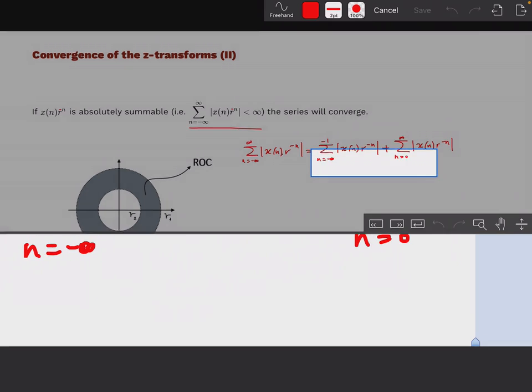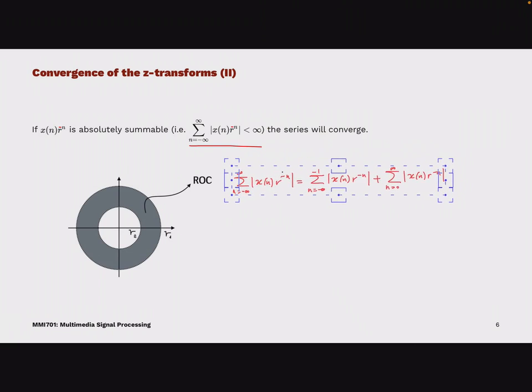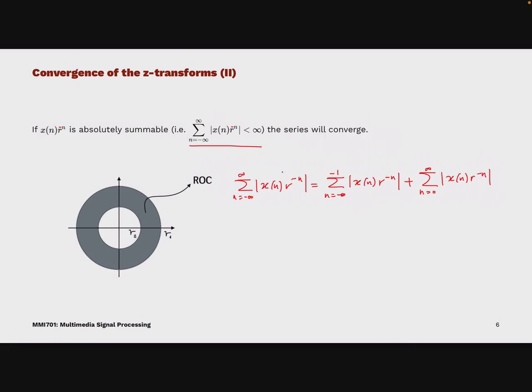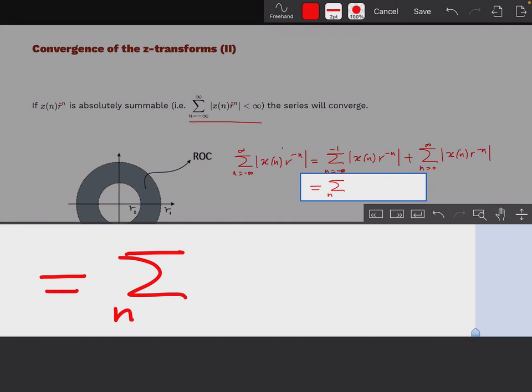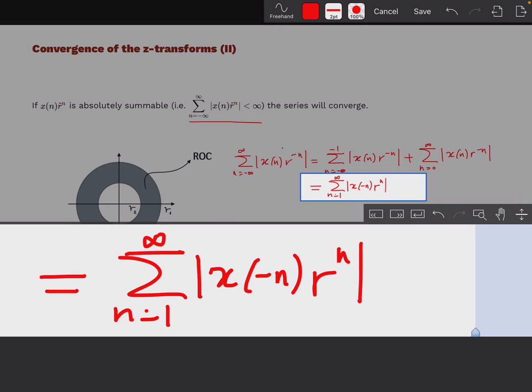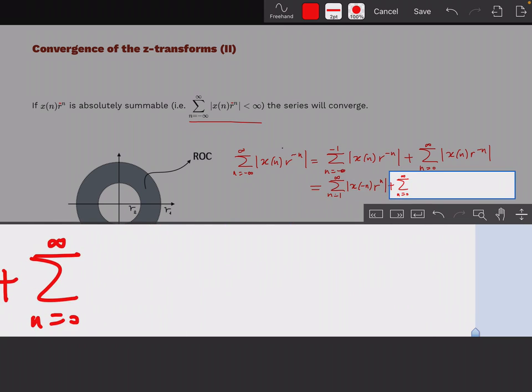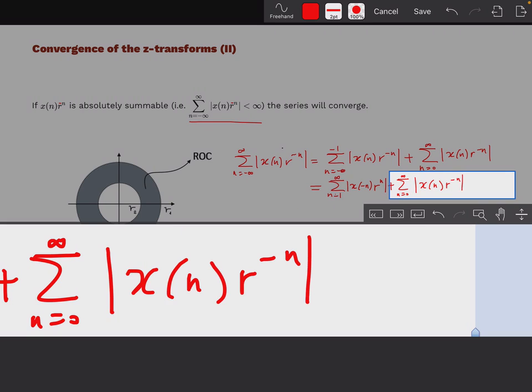And we can obviously change the index of summation from n to minus n if you wanted to, which is going to give us n from 1 to infinity, x of minus n r to the power n this time, plus n from 0 to infinity, absolute x of n r to the power minus n, which is what we already knew.